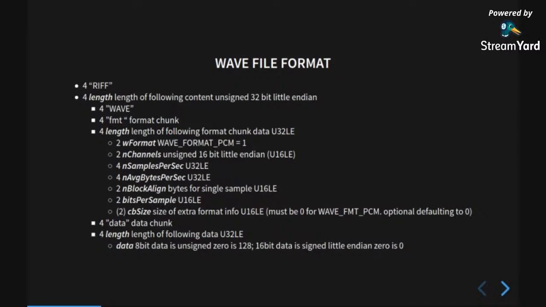So for a WAV file, it says it's a RIFF file, then it has a tag that says WAVE, and there's something that says what the format is. There's something that says what the length of the format is, and there's information on what the format is, how many channels, what the sample rate is, and if there's block alignment.